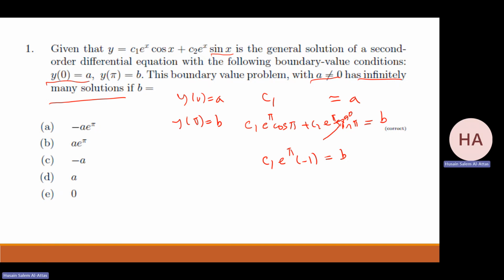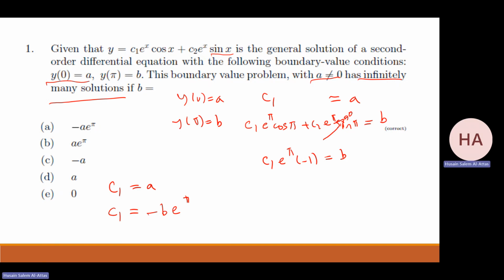Okay, so I have C1 equal A, and I have C1 equal what? Equal minus B e to the power pi. And C2 can be any value.